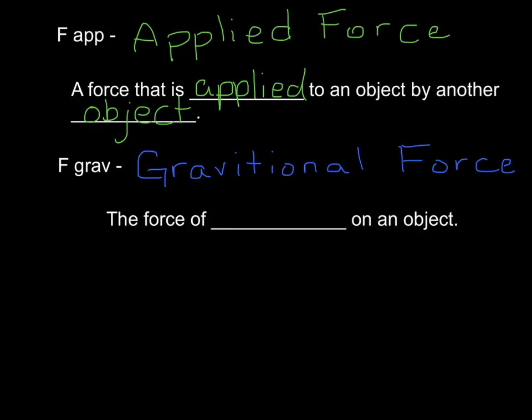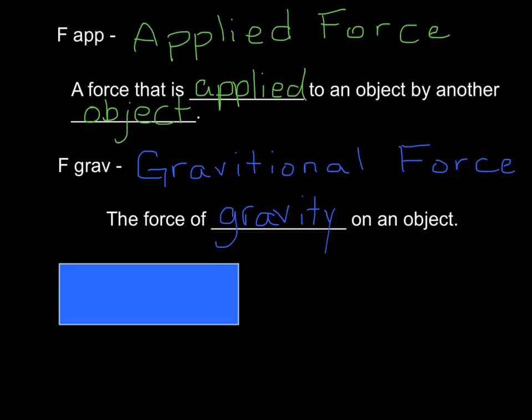As you might be able to guess, a definition for the gravitational force is simply the force of gravity on an object. The Earth has a force of gravity, the Moon has a force of gravity, the Sun has a force of gravity. The force of gravity on an object is called the gravitational force.